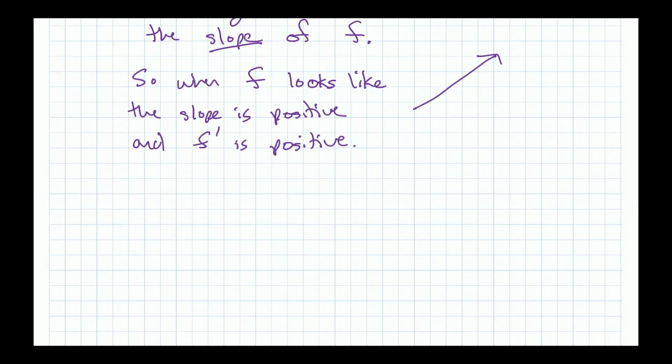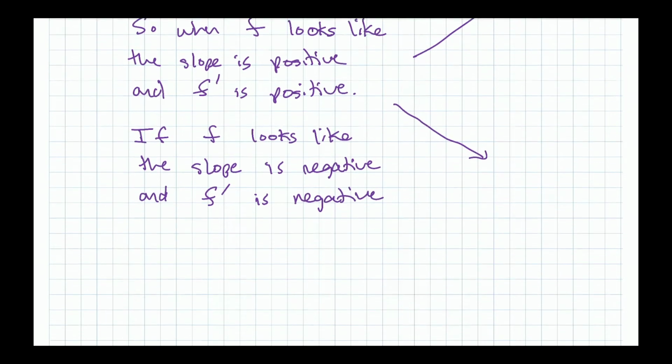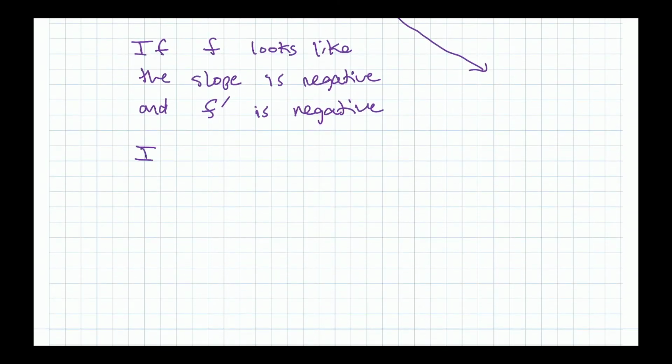Right? So if f looks like that, the slope is negative, and also f prime is negative. And the third way it could look is if f is horizontal.